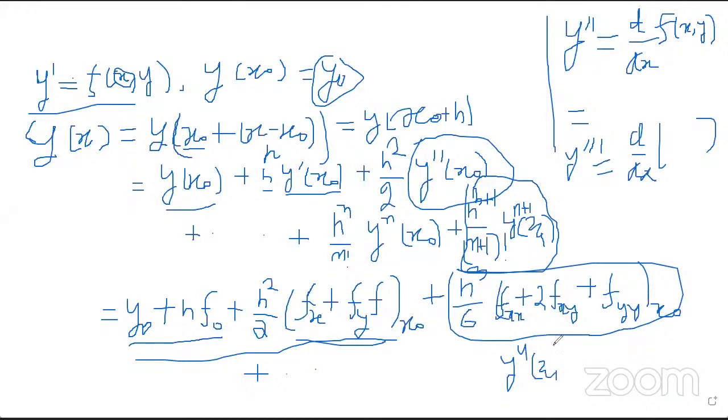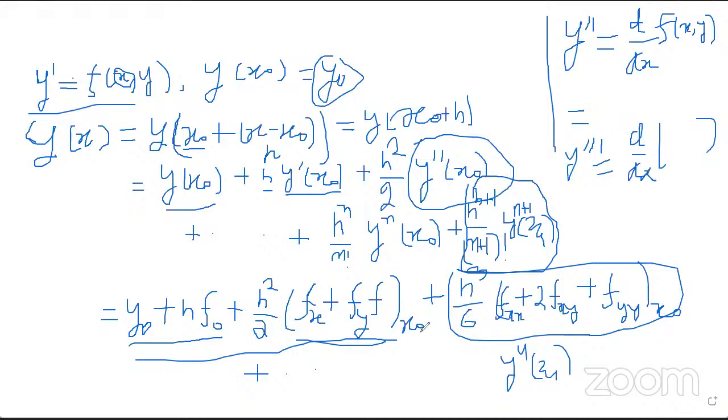So this will give us the error. Am I right? So what is the beauty of this approach? The beauty of this approach is that we can generate a method based on Taylor's approach with desired accuracy. Am I right?